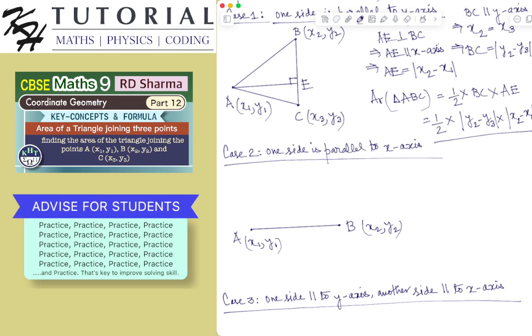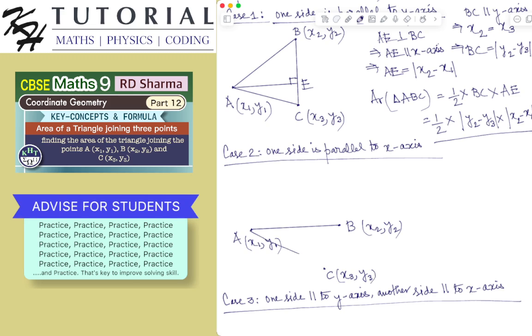Above means towards the positive direction of y, not of x. The whole triangle could be completely in any of the quadrants, or it could even overlap two or more quadrants. Let's say this is the point C, the other vertex, which is x3, y3.